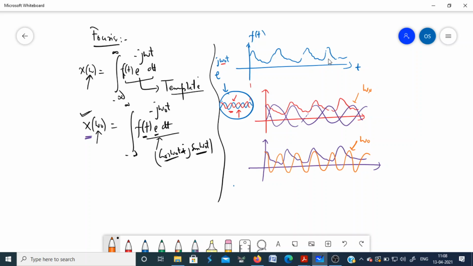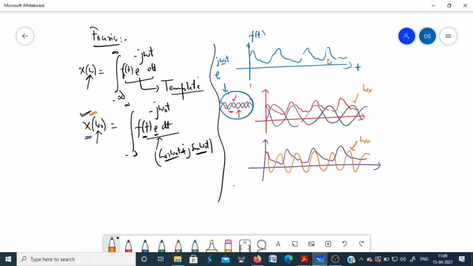The basic idea behind the Fourier transform is that you are comparing the signal with different frequencies, and where the signal matches a particular sine or cosine function, at that point X of omega naught gives a peak value. So we say that frequency is present in the signal.